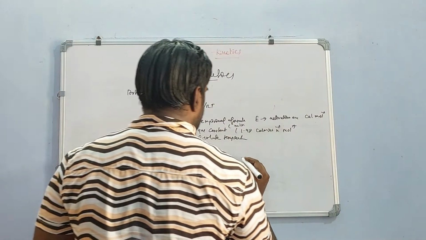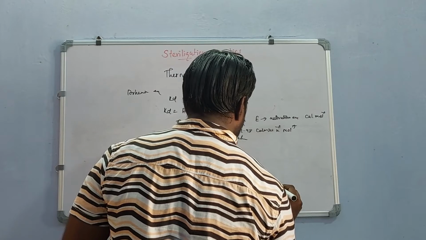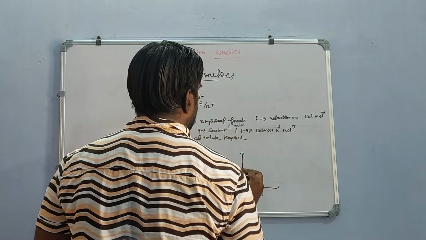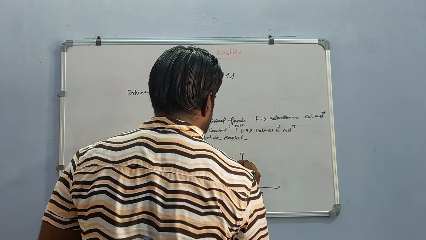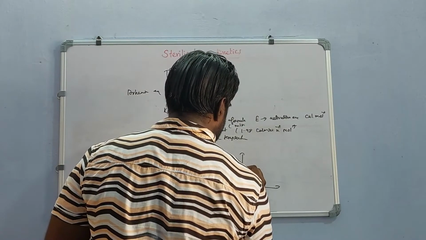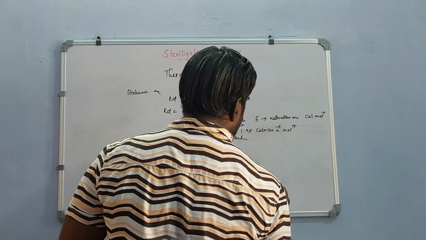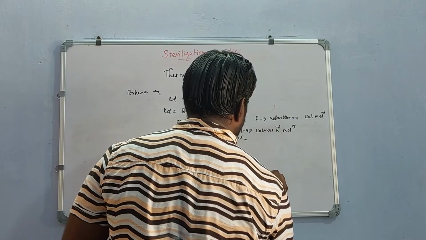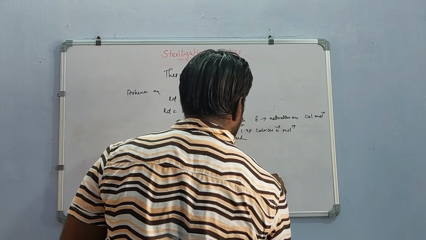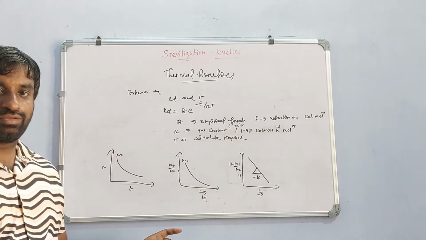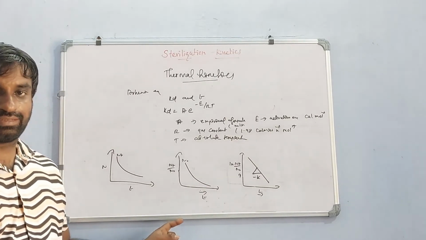So we plot time t with the natural logarithm of N, that is ln of Nt by N0, and we get a straight line where the slope is equal to minus Kd. So this is how we get it.